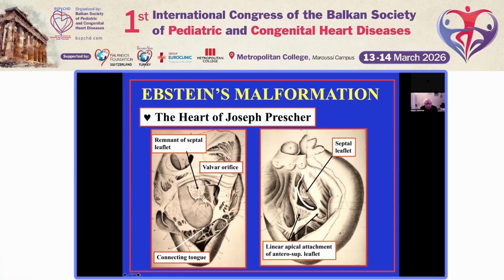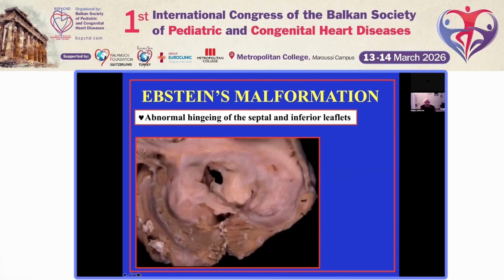The valve no longer closes in trifoliate fashion. The valve has become a bifoliate structure. And that is because of the abnormal hinging of the septal and inferior leaflets. The predominant leaflet remains the anterosuperior leaflet.